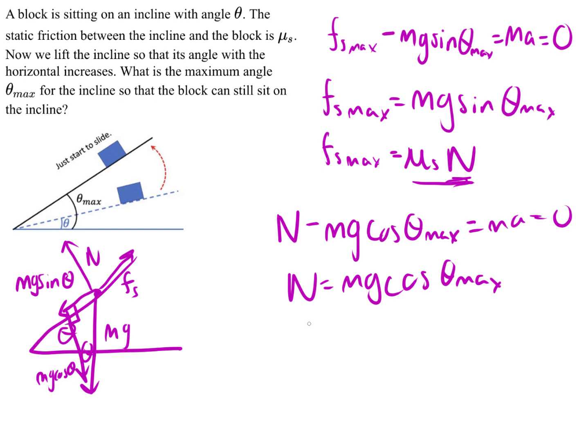Now we can substitute that back in. The maximum static friction is equal to the coefficient of static friction times mg cosine theta max.